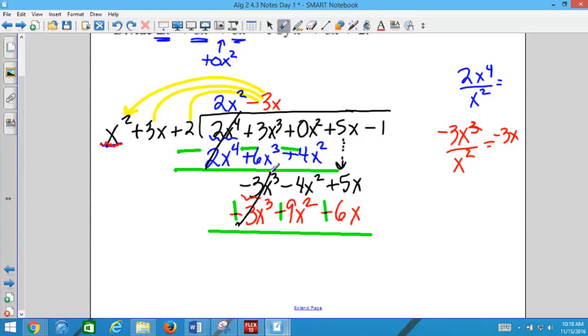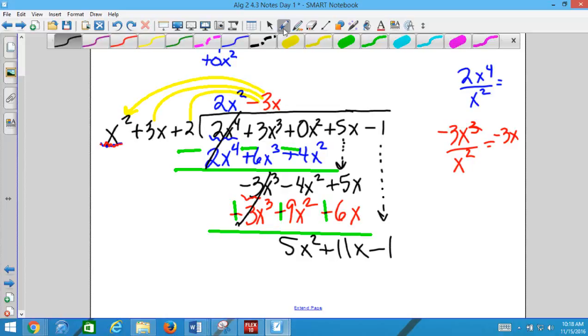Middle is negative 4 plus 9, so 5x squared. This last one is 5 plus 6, so 11x, and drop down the next term. And then guess what? Do it all again. All right. Ooh, so fun, I know.